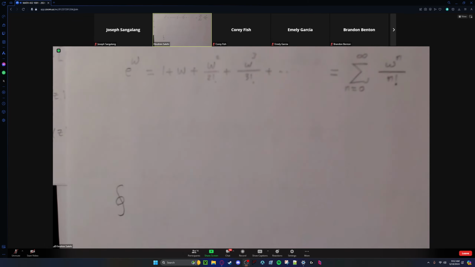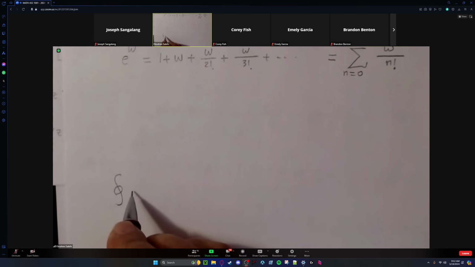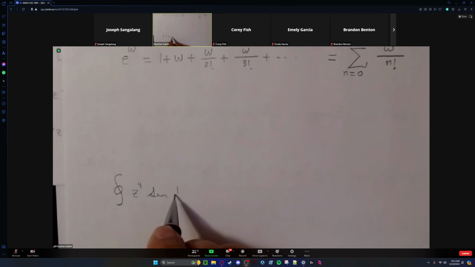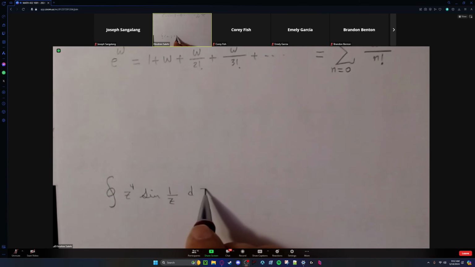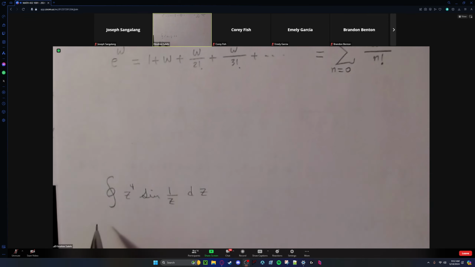Suppose you want to find the integral of z to the 4 sine of 1 over z, the only bad point is z equals 0, dz. Remember, in complex analysis we always integrate over a curve, so let's say the unit circle.